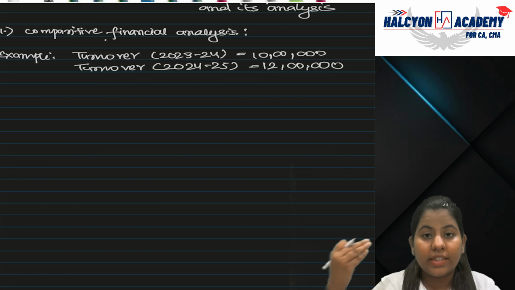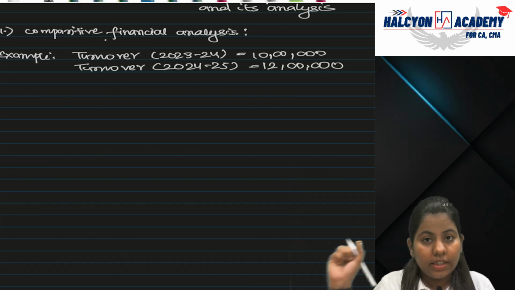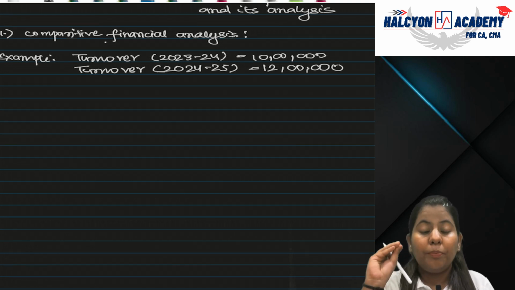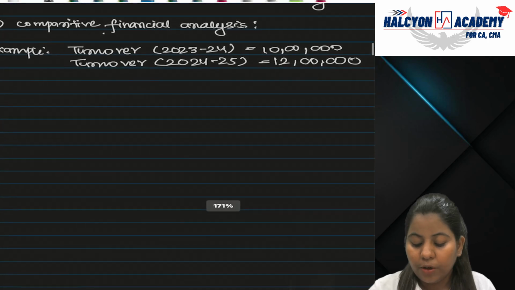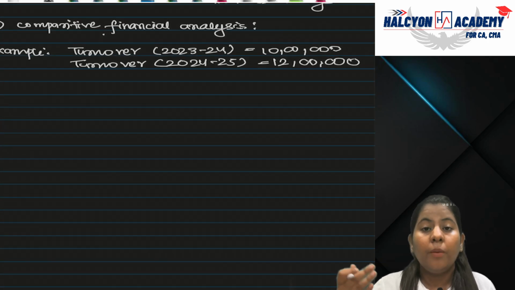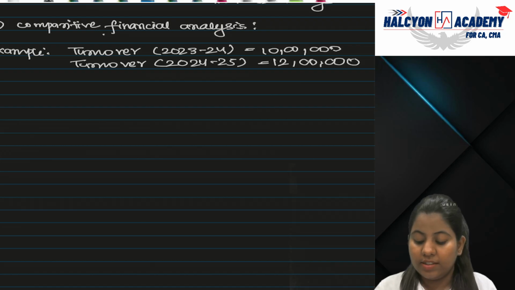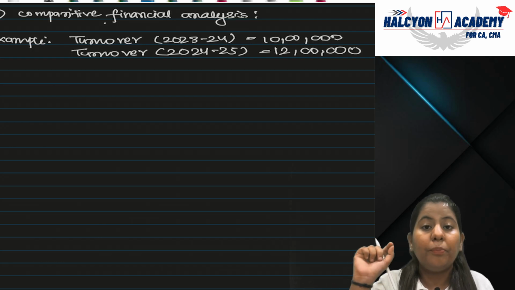We are going to compare the turnover of the previous year and the current year. Is it increased or decreased? Clearly it is increased. By how much? We have to find out the percentage.